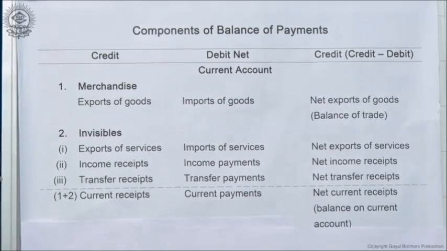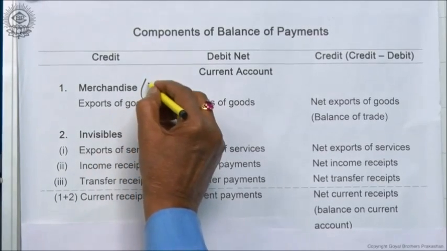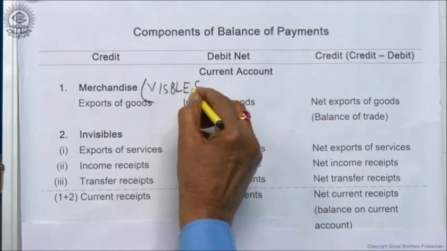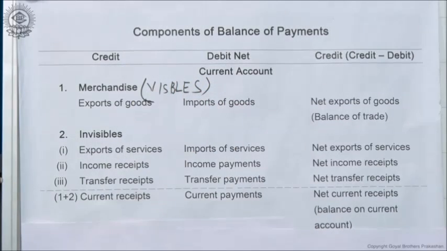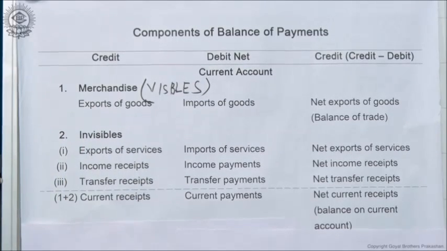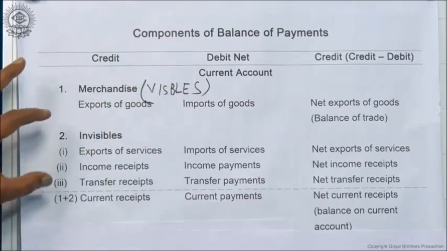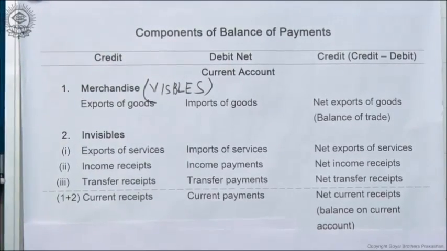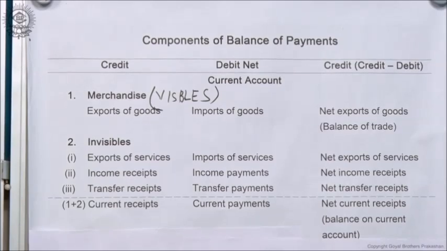Merchandise is also called visibles. So broad division is visibles and invisibles.